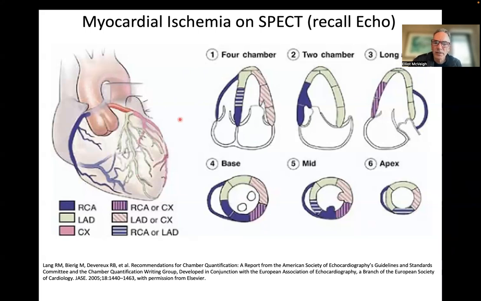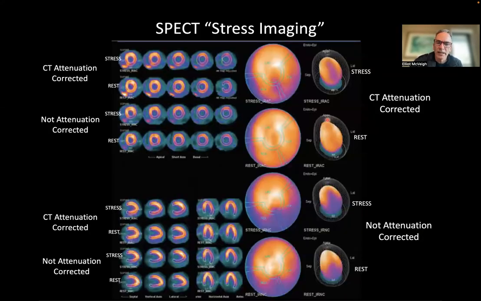So if we think about these maps, when we go back to this picture, these are the short axis. You can actually see part of the right ventricle out here, and this is the septum, anterior wall, posterior wall. So that gives you the coordinates there. And then the long axis views, we have the anterior wall up here and posterior wall down here.